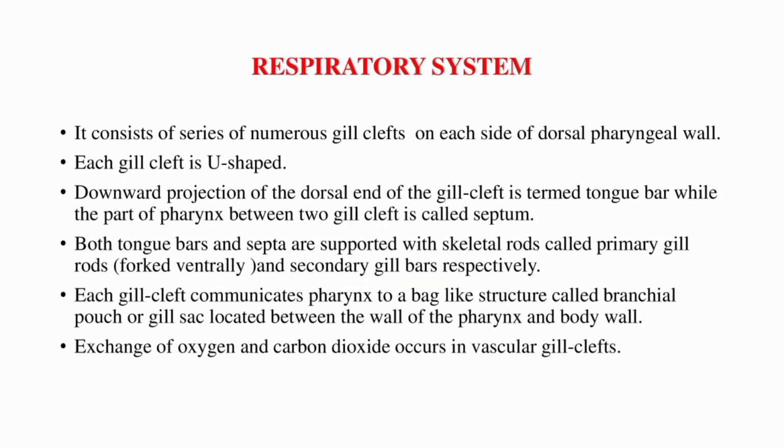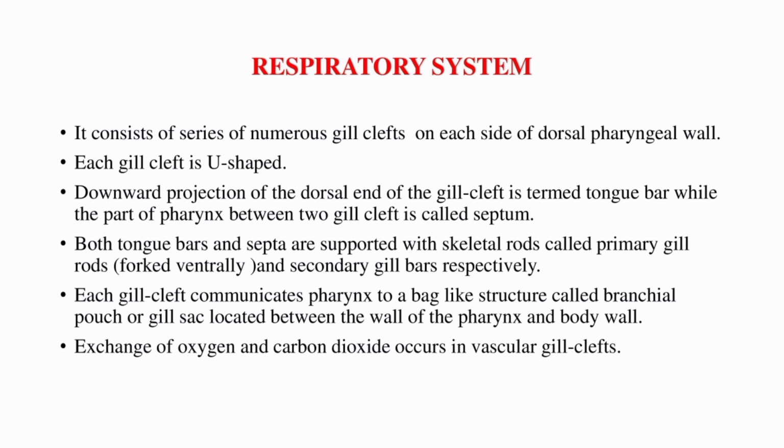Respiratory system of Balanoglossus. It consists of a series of numerous gill clefts on each side of the dorsal pharyngeal wall. Each gill cleft is U-shaped. Downward projection of the dorsal end of the gill cleft is termed tongue bar, while the part of pharynx between two gill clefts is called septum.